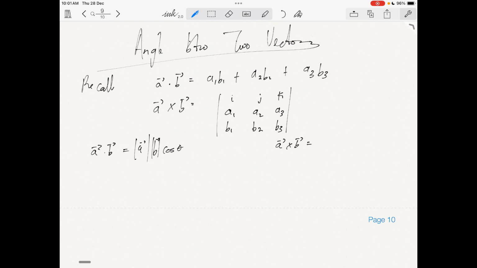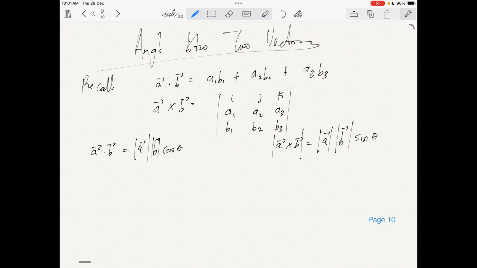And the cross product formula says that the modulus of A cross B is equal to the modulus of A multiplied by the modulus of B times sine theta.